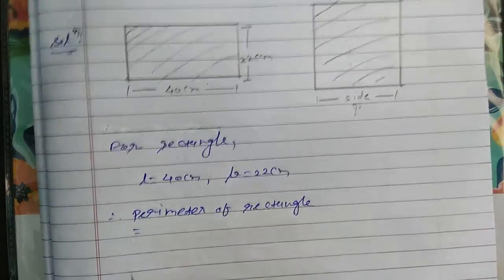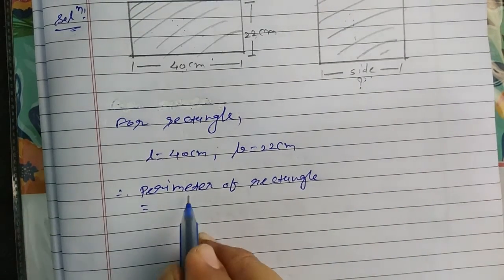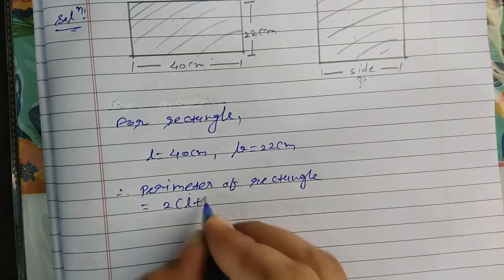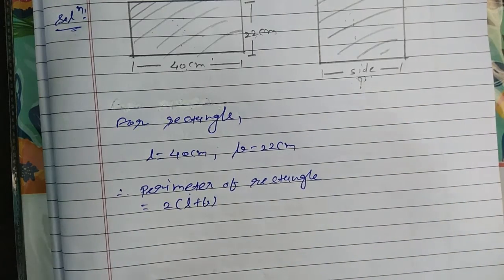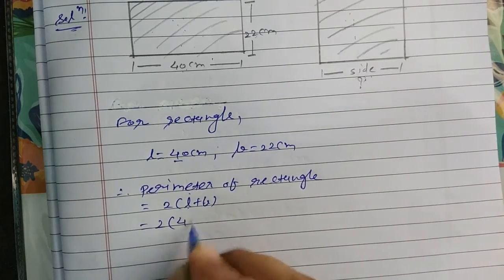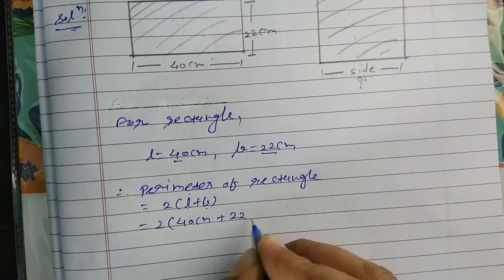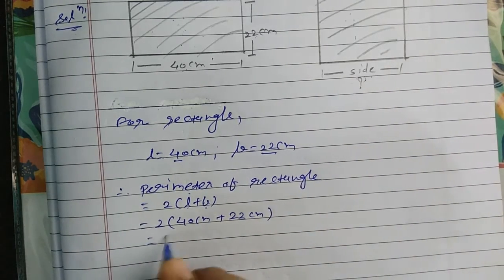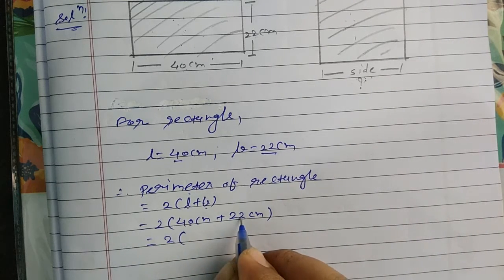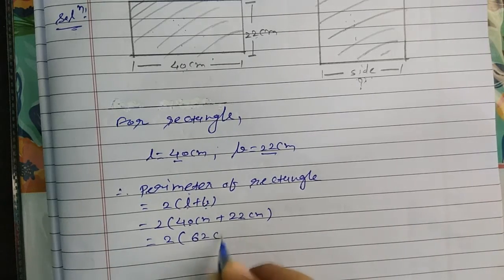Everyone, you have to remember the formula for the perimeter of a rectangle. It is 2 into (length plus breadth). That is equal to 2 into (40 centimeter plus 22 centimeter). 40 plus 22 is 62 centimeter.